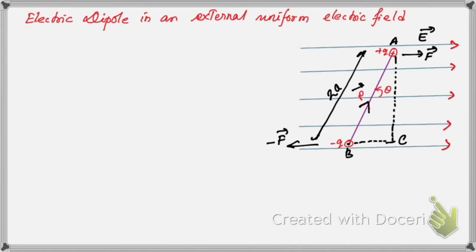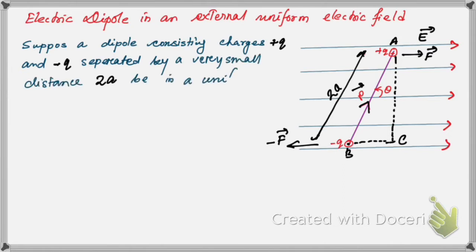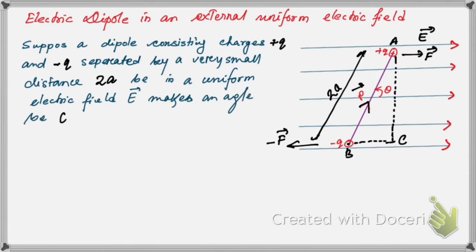Now suppose we have considered a dipole consisting of two charges, positive Q and negative Q, separated by a very small distance 2a, placed in a uniform electric field E, and the dipole makes an angle theta with the electric field as shown in this figure.